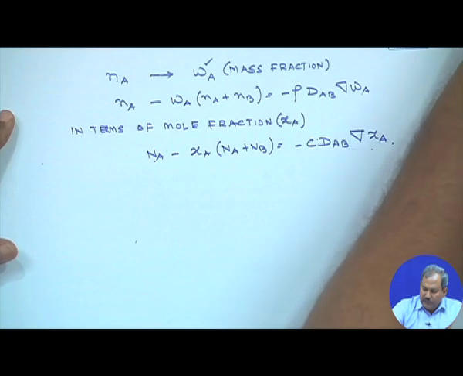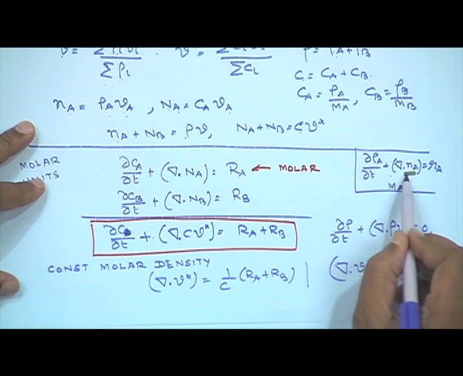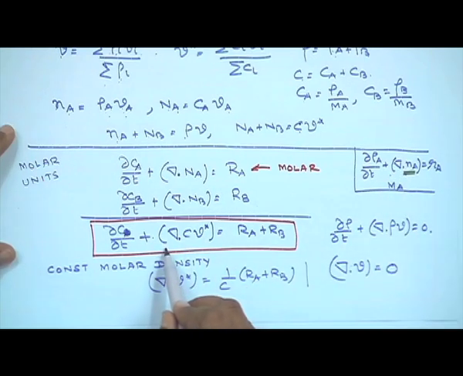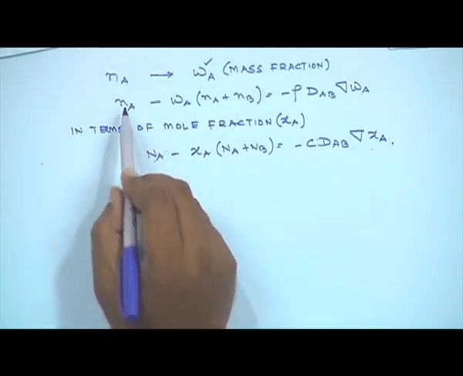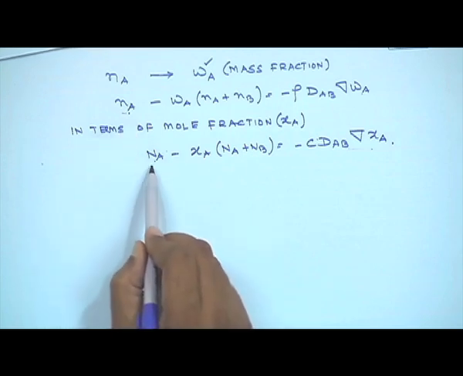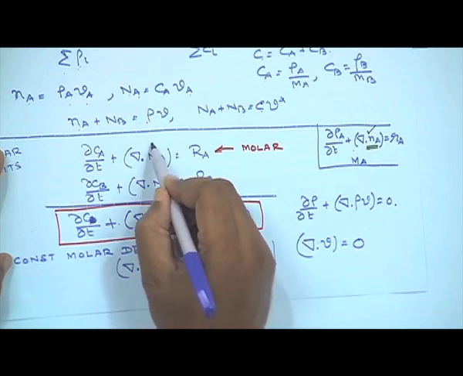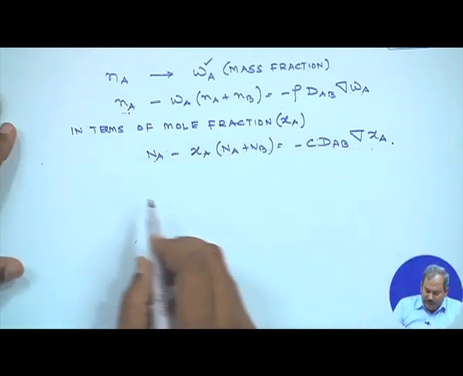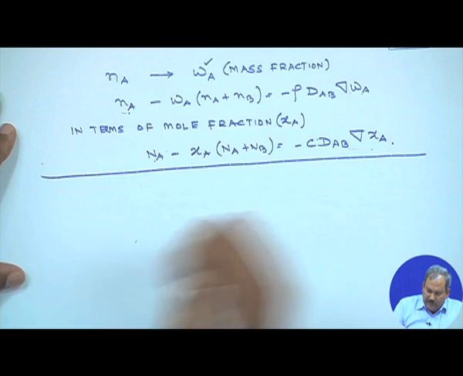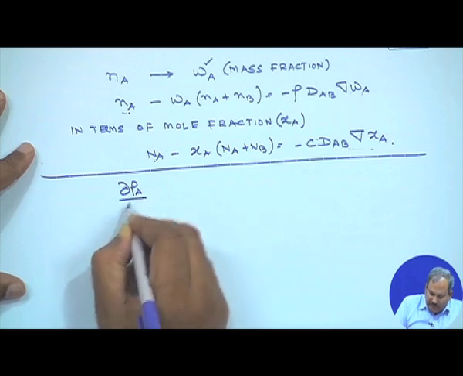So, the two equations which we have in here, this equation in terms of mass and this equation in terms of moles, what we are going to do is substitute small na and capital Na in these equations, and we would obtain two completely equivalent equations, not identical, equivalent equations.